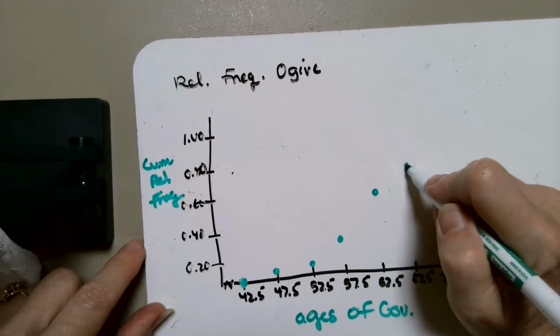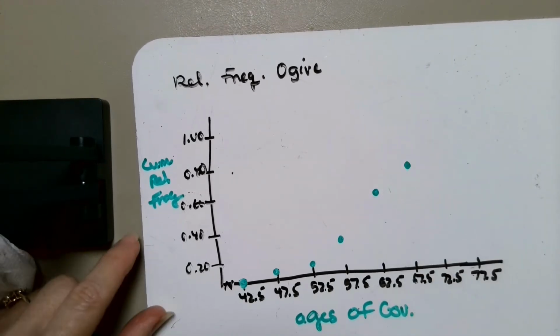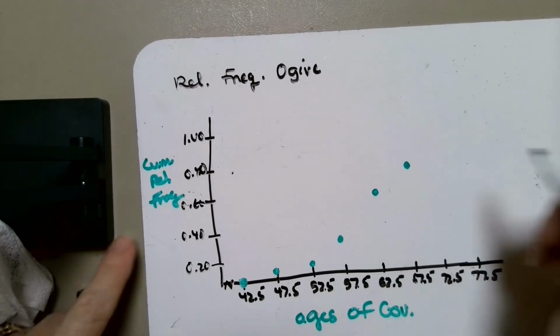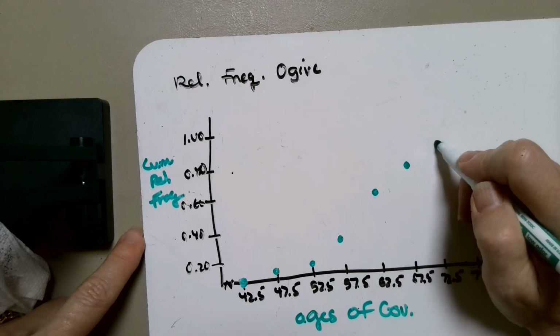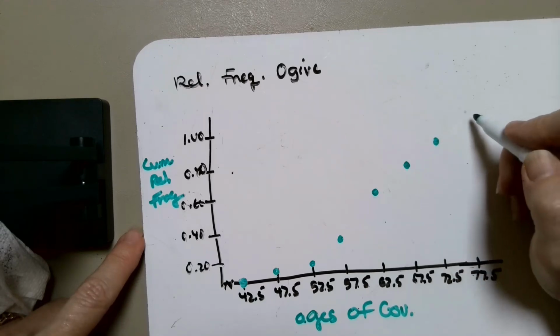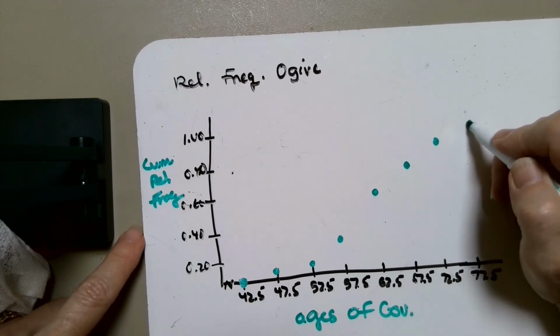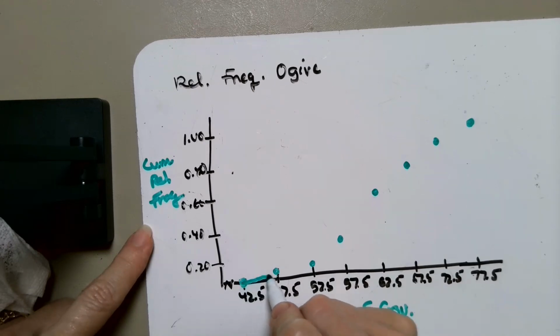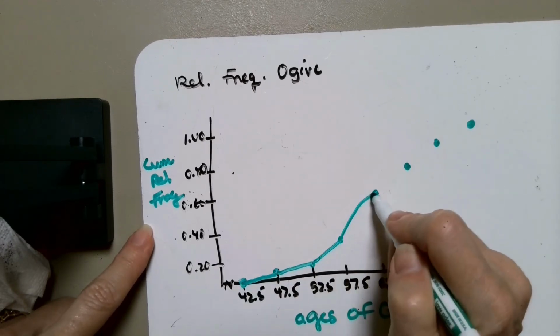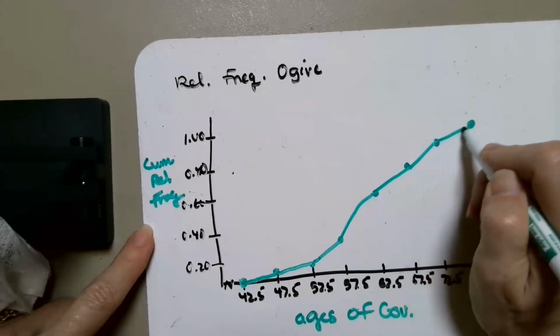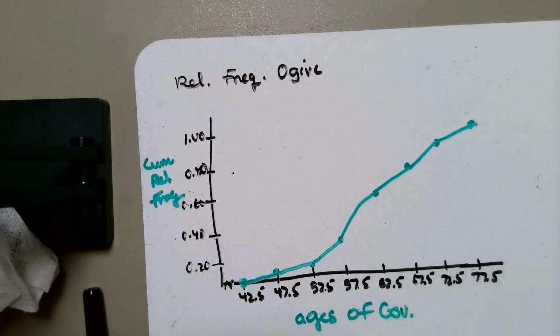By 72.5, the cumulative relative frequency was 0.94, 94%. And finally, by the seventh and last class, by the end of that, you've got your cumulative relative frequency of 1 or 100%. And so connecting these dots with straight line segments, there you have the ogive for relative frequency.